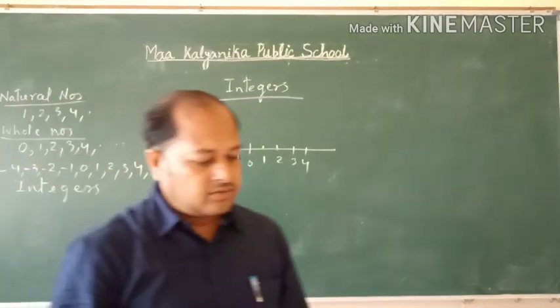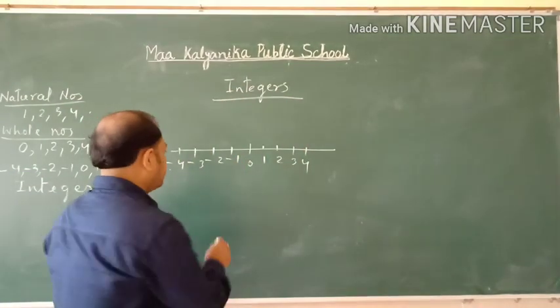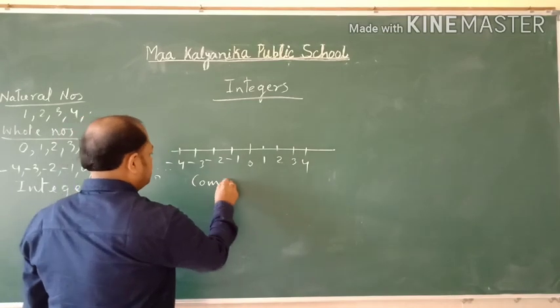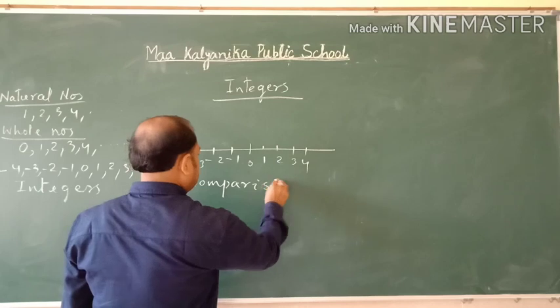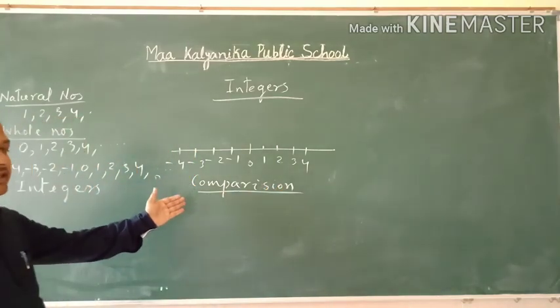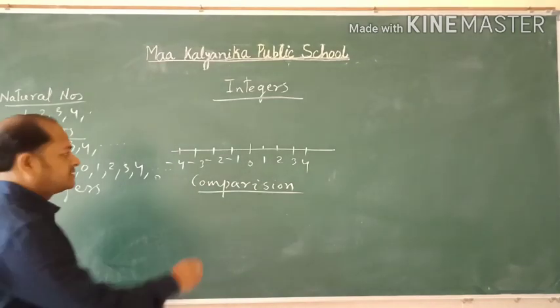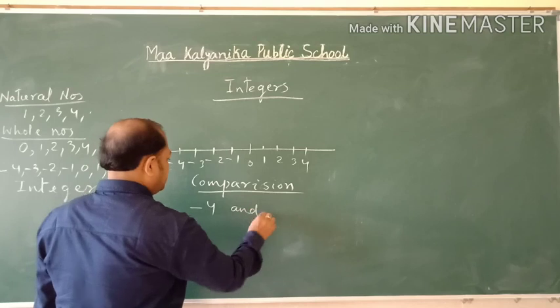Now after that, I am going to teach comparison of integers. Comparison means which is greater, which is smaller. For example, -4 and -3.